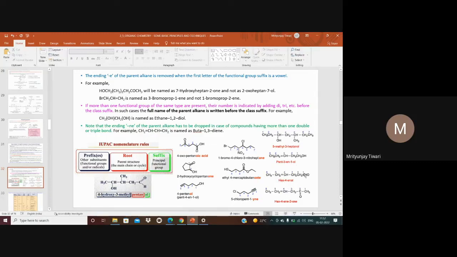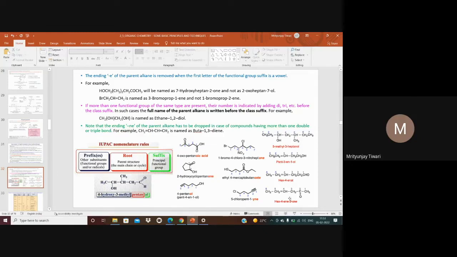And in this compound, this is the principal functional group, so numbering will start: 1, 2, 3, 4, 5, 6, so 6 carbon atoms are there in this chain, and so it will become hex-4-en, and "al" for the aldehyde group. So hex-4-enal.